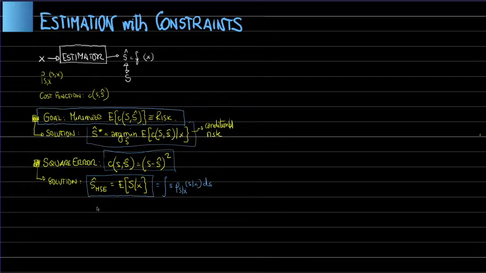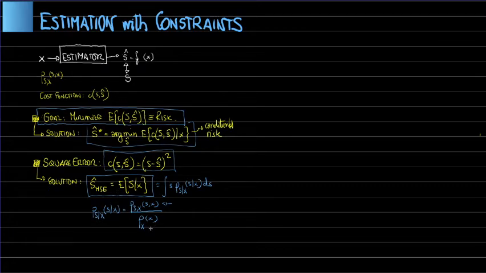Also, we may have the situation where we cannot compute the posterior distribution. Despite the simplicity of the relation between the posterior distribution and the joint distribution, there are many situations where we are given a joint probability distribution of S and X, and we have to compute the posterior.